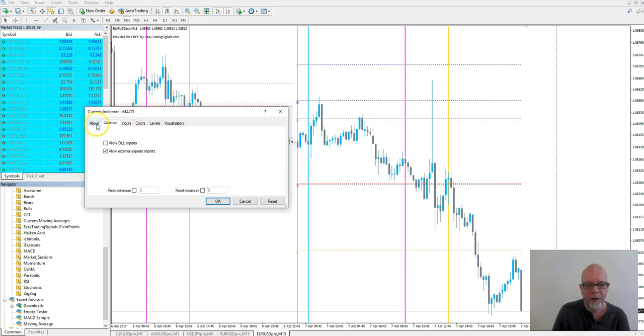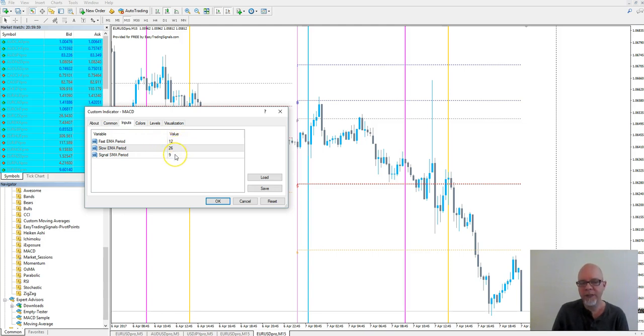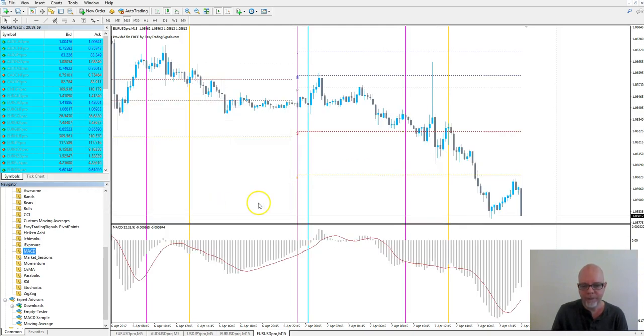Some of them have options, like allow DLL imports, and I'll show you why that is important in just a minute or so. On inputs, you can select the input values. In this case, the default is 12, 26, and 9, which is very standard for MACDs. So I'm just going to click OK, and then you can see what that looks like.